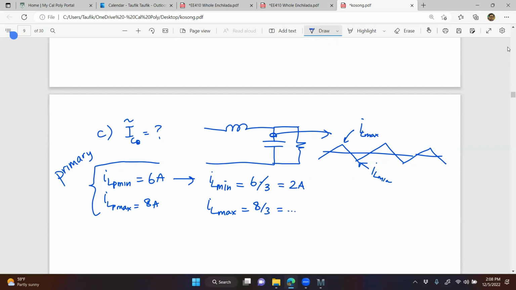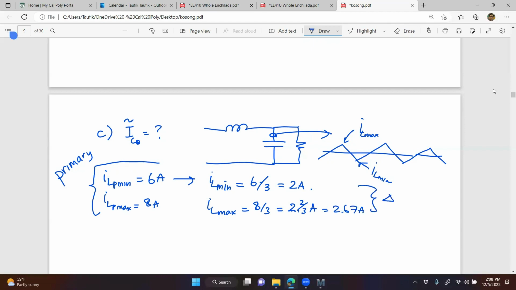So now I have the peak-to-peak ripple. What is 8 divided by 3? 2 point... 2 over 3, yeah, 2.67.